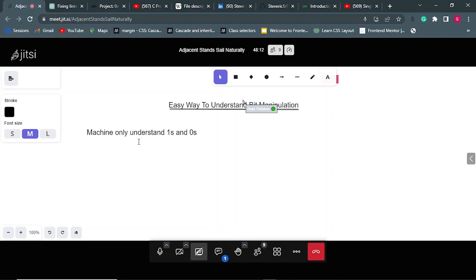We want our operating system to understand the same thing, but it only understands ones and zeros. It does not understand the if statement, the return statement, the array, the linked list.